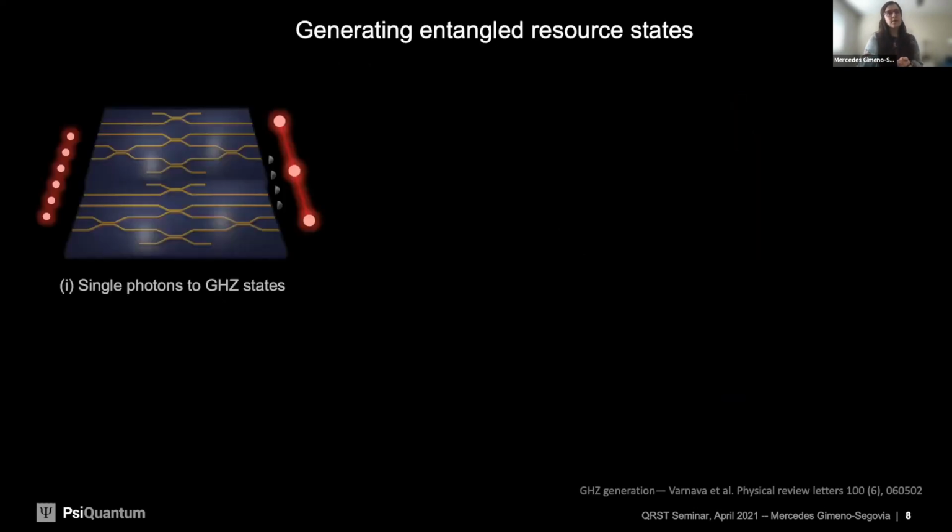So for example, the same principle applies: we apply a particular passive interferometer, and we measure a subset of the modes. We can use this principle to generate entangled states, so 3-GHZ states, from single photons.